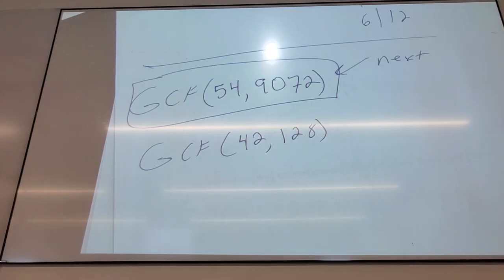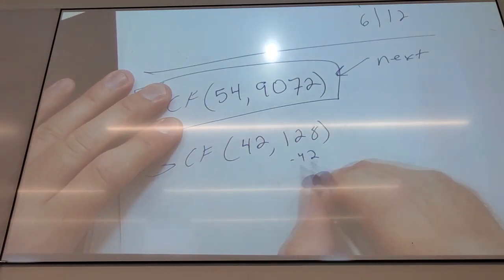If I take the difference, the thing we just talked about, that number has to still go into those two numbers. So when I get these big numbers, I can start to subtract and make them smaller and make the thing easier to look at. So what is 128 minus 42? 86.